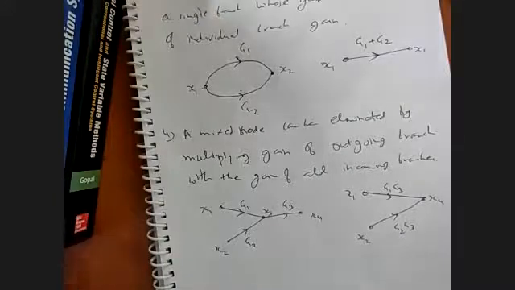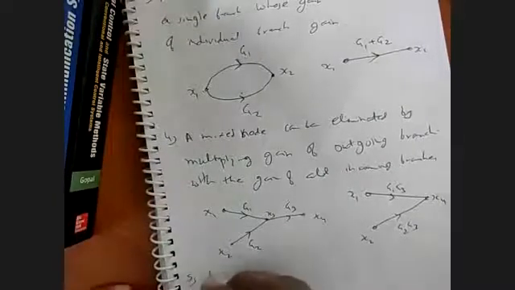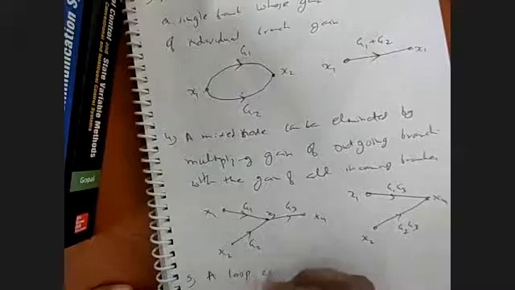And then fifth is a loop, which can be eliminated by writing and rearranging.